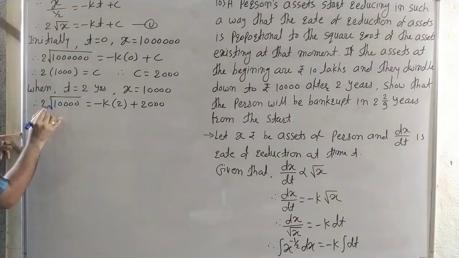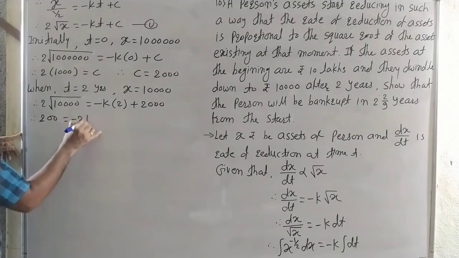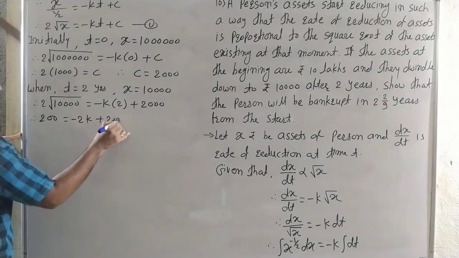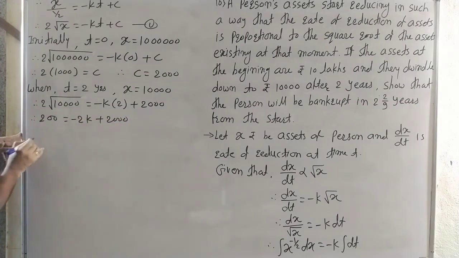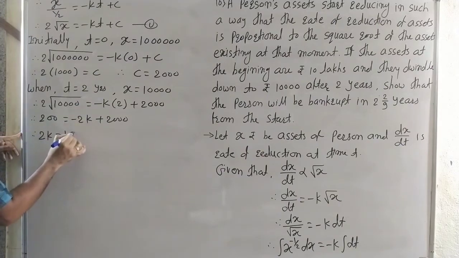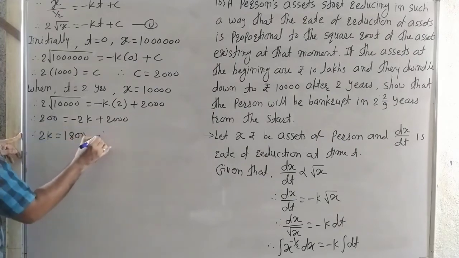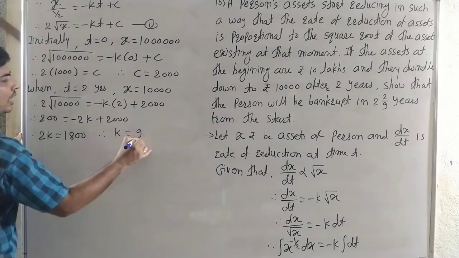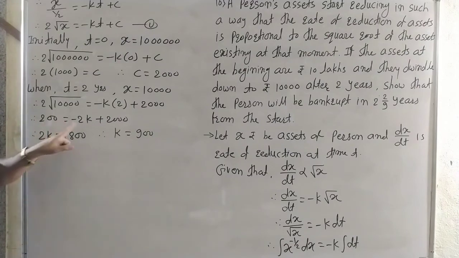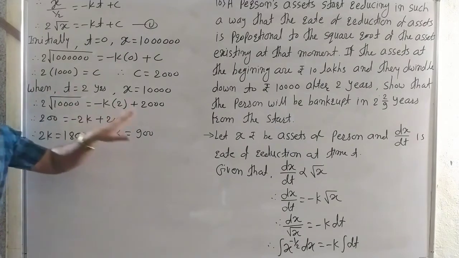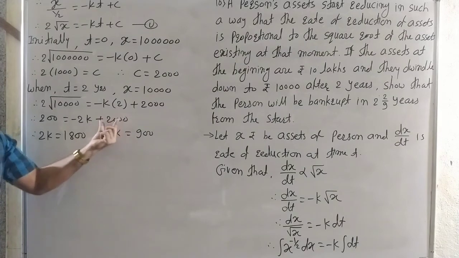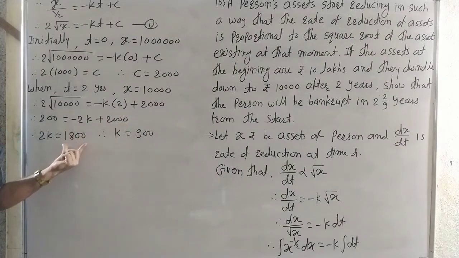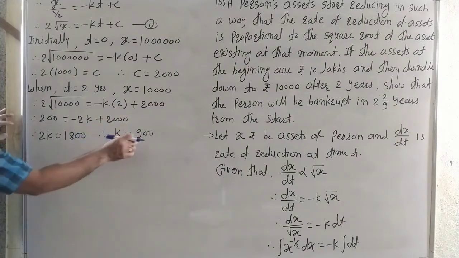Then under root of 10,000 is 100, so we can write 200 is equal to minus 2k plus 2000. See carefully this calculation. This 2k we can write on the RHS, and this 200 we can write on the other side. 2000 minus 200 is 1800, so 2k is equal to 1800, and then k is equal to 900.